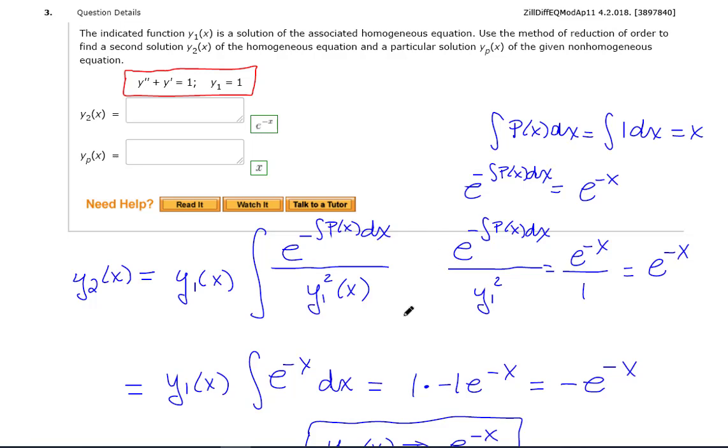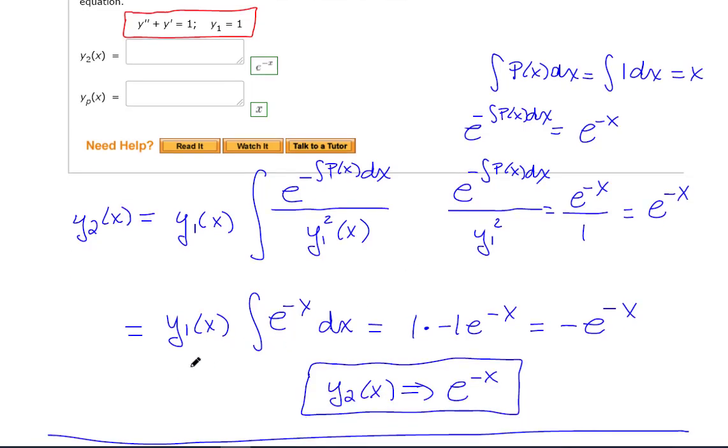So we need to have y1 times the integral of e to the minus x. Well, the integral of e to the minus x is this piece, and this piece is y1, and so I get minus e to the minus x. And so that's my second solution.